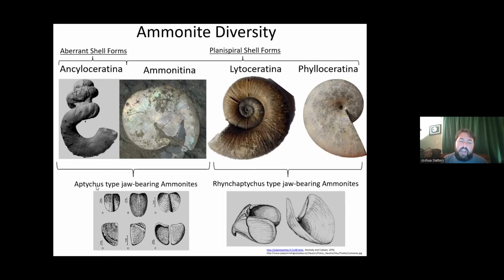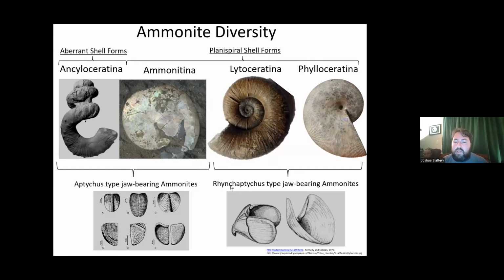The Aptychus type jaw-bearing ammonites, I like to call the taco-jawed ammonoids. They have very fragile jaws, which look almost like a taco shell, and are very fragile. The Rhynchaptychus type jaw-bearing ammonites have very prominent beaks that are very robust and sturdy, very similar to modern nautilus.